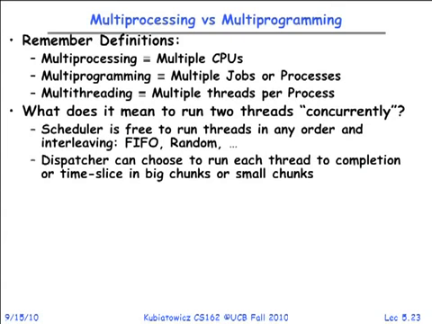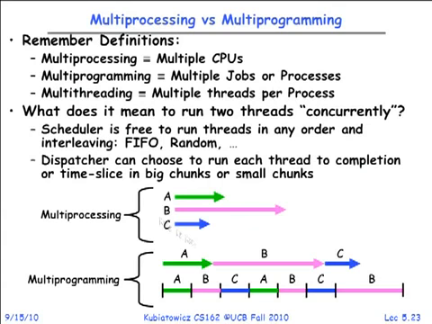For instance, here's multiprocessing where you know they're running for sure at the same time. Here are a couple of different multi-programming examples. Maybe A runs to completion, then B, then C. If you forked off 3 threads, I bet none of you thought of this as an option. But this could happen.